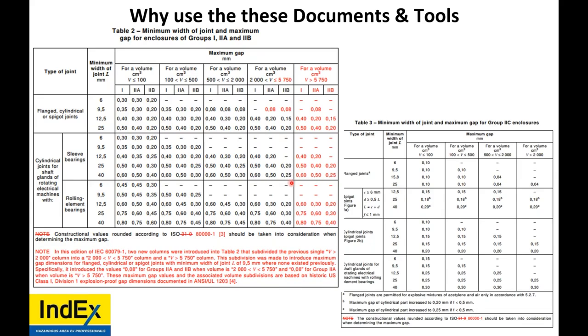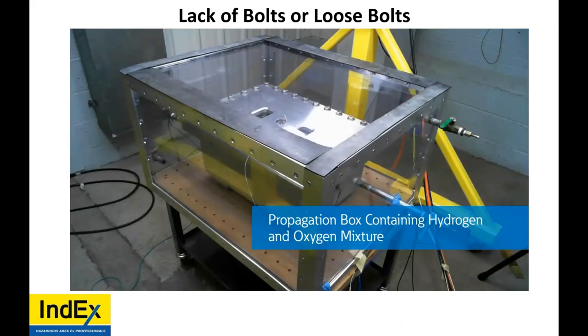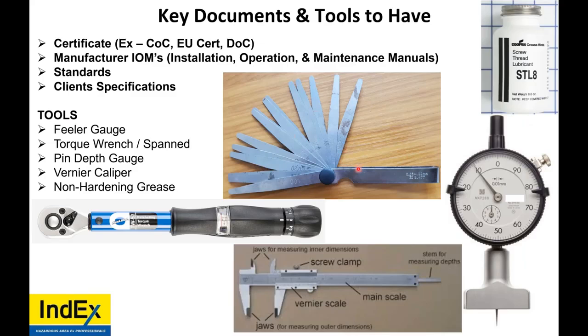Every single inspection, when you're doing a close inspection, if you're not using feeler gauges, you are not confirming that these gaps are maintained. Has the box been torqued too much? The bolts, or are they too loose? The only way to check that would be the feeler gauge. Then you would check for tightness of the bolts with a torque wrench, because you don't want to over torque it.